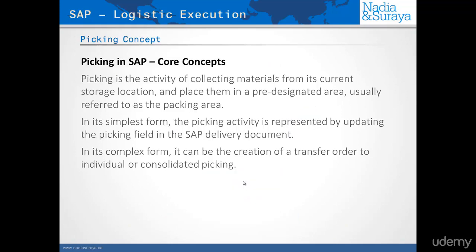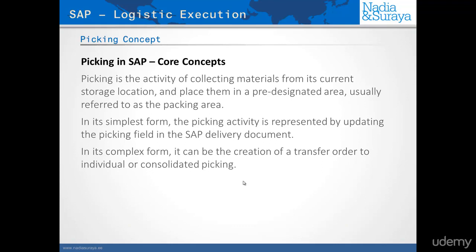In more complex terms, in SAP, it's the activity of collecting materials from their current storage location and placing them in a pre-designated area, as we said before, usually known as a packing area. In the simplest form, in SAP, a picking activity is updating the picking field in the SAP delivery document.